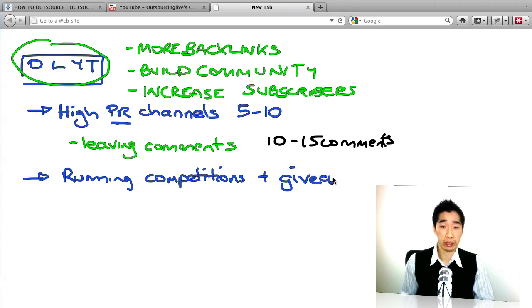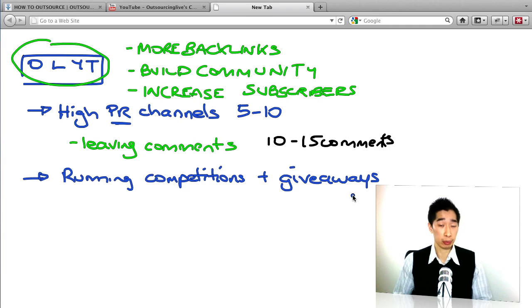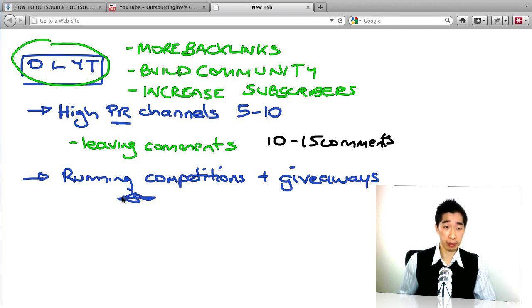And I'm going to try and partner with different companies to be able to give things away in regards to outsourcing, and also run competitions to entice people to come onto the blog and subscribe, and also to get them to participate. So that will also help and encourage building up the subscribers. So that's the second thing.